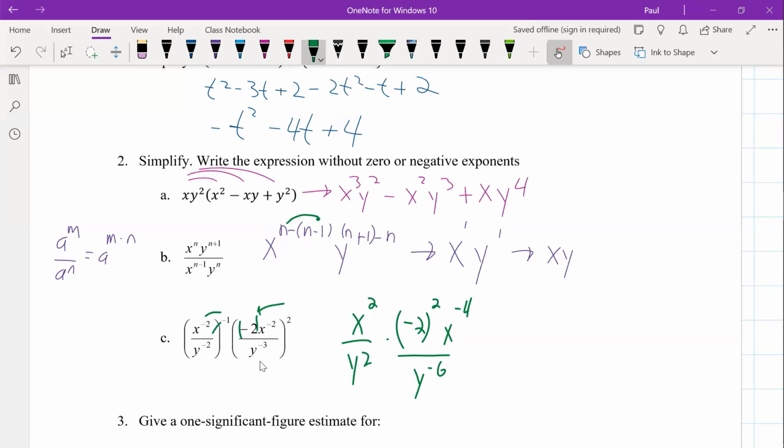So then from there, I would simplify. Let's start with the number. What's the coefficient? -2 squared, right? What's -2 times -2? Yeah, 4. And x's, you got a 2 and a -4. What happens when you add -4 to 2?